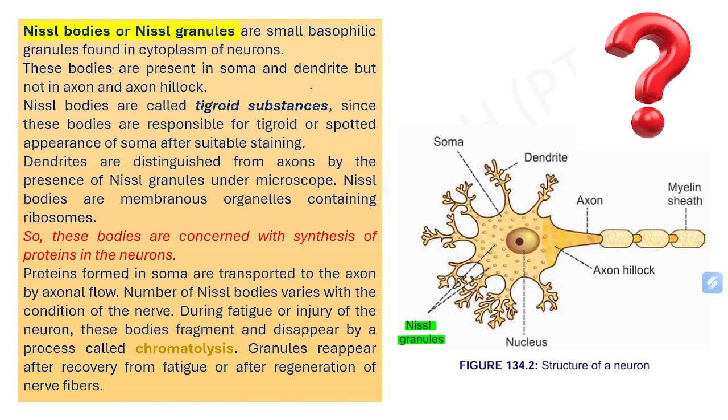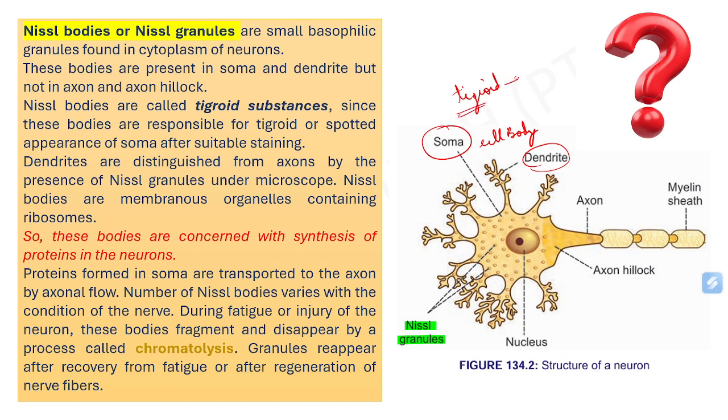Now, coming to the most interesting part of the neuron, that is the Nissl bodies or the Nissl granules. The Nissl granules are small basophilic granules in the cytoplasm of a neuron. If you can see, these Nissl granules are present in the soma, that is the cell body of the neuron, and they are also present in the dendrites of the neuron. These Nissl bodies are called tigroid substances.